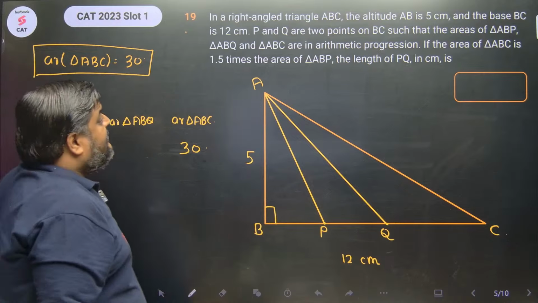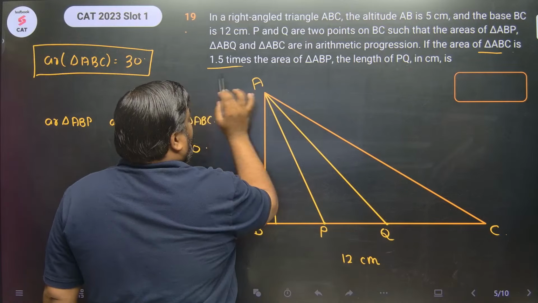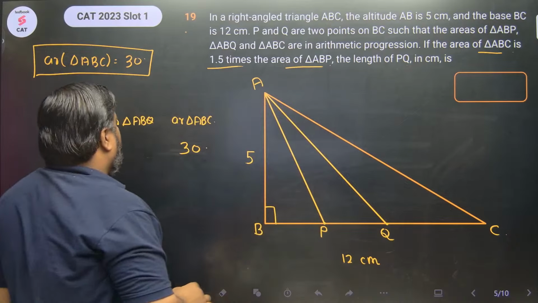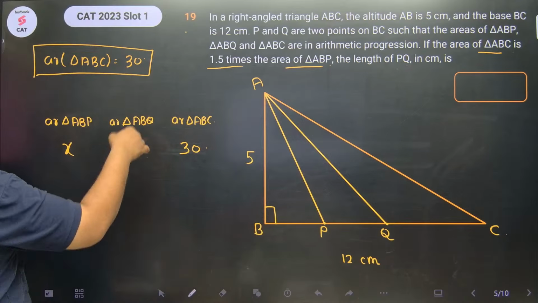Okay, the area of triangle ABC is 1.5 times the area of triangle ABP. Let this be x. So based on the question, the area of triangle ABC, which is 30, is 1.5 times the area of triangle ABP, right?